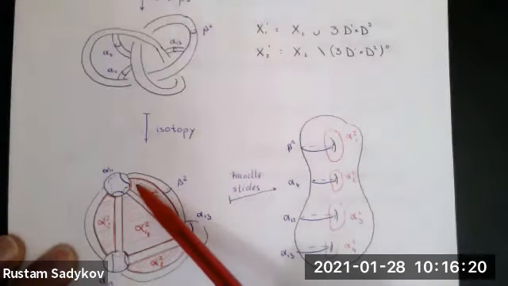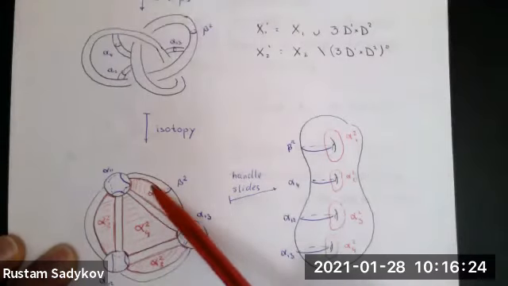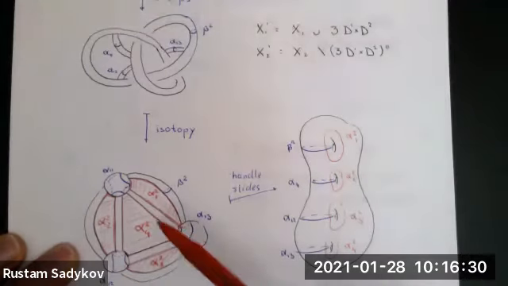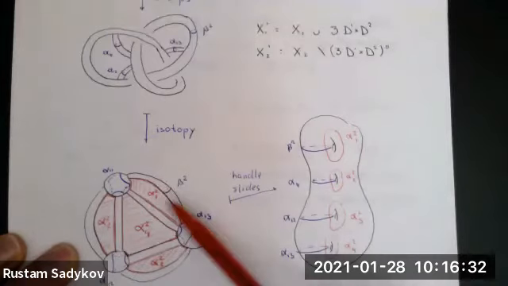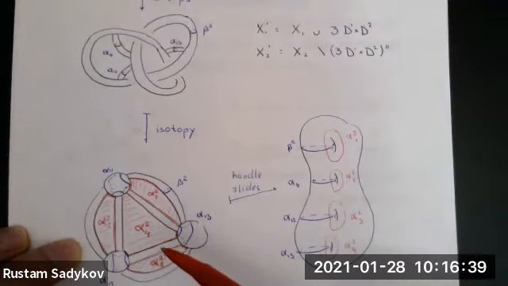You can decompose the complement into these two handles and a ball. So it means that we already have that this manifold is a one-handle body, and its complement is already a one-handle body. So this is what we wanted.